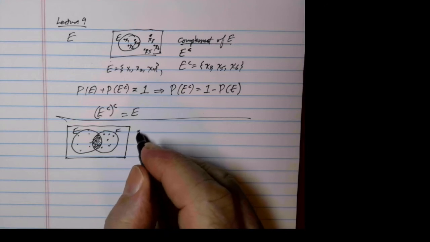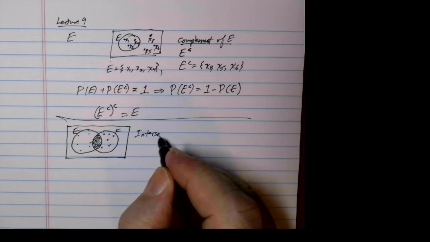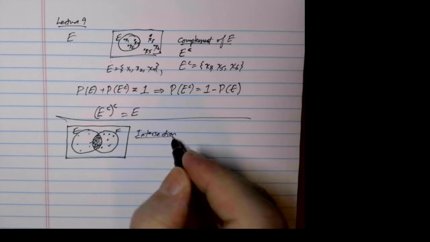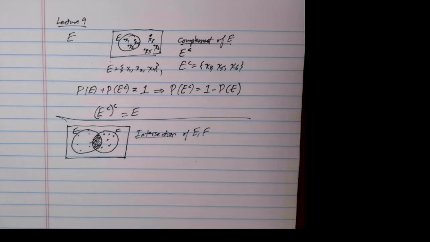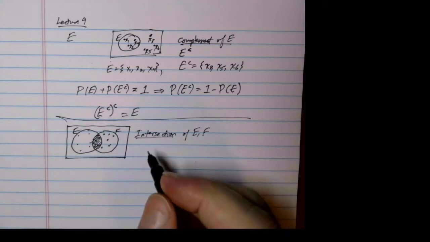So the word is intersection, the intersection of E and F. That is just the set of all outcomes that are in both E and in F. This is all written out in the book and notes, so I won't write it here.